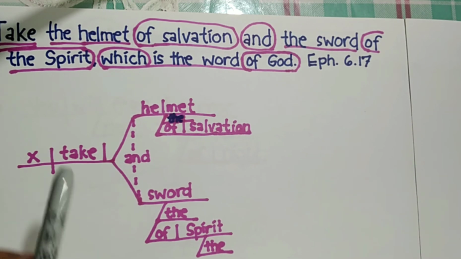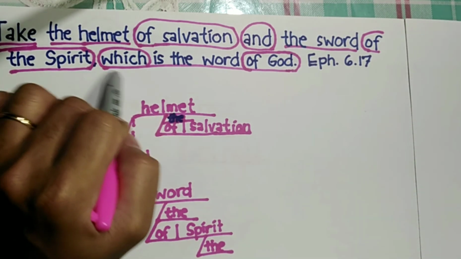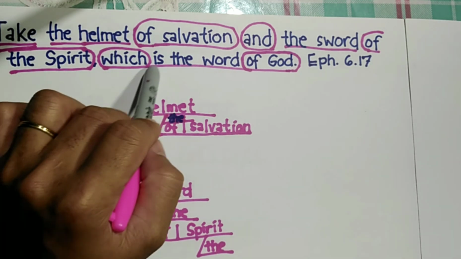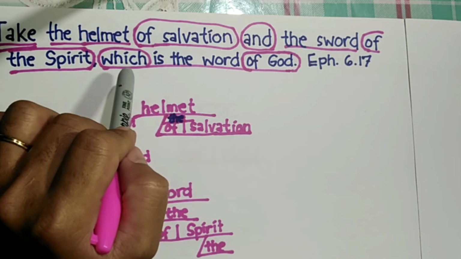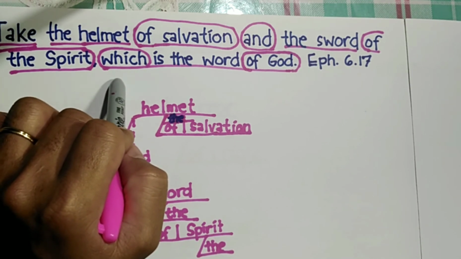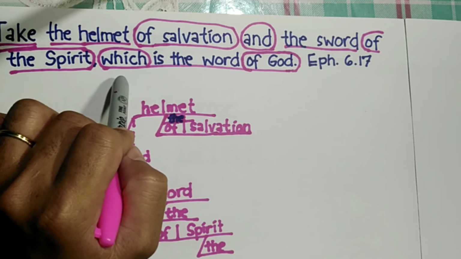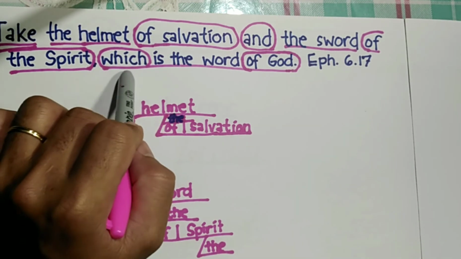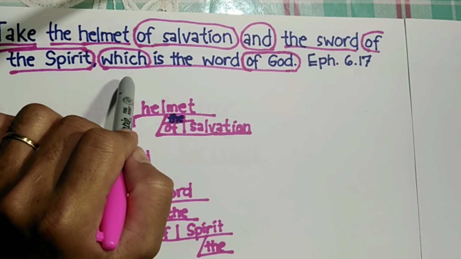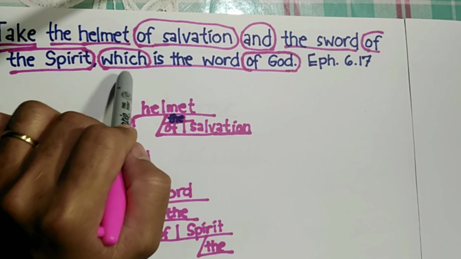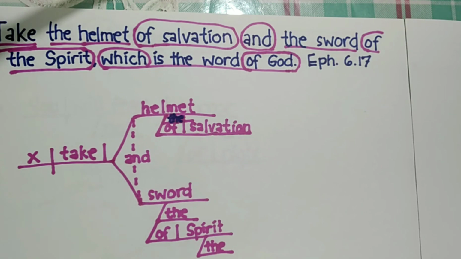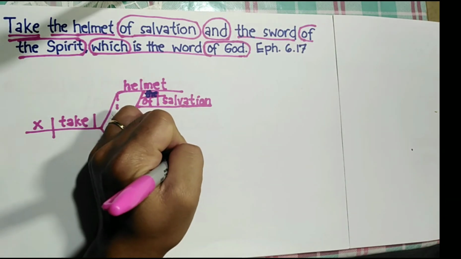Let's first identify what this which refers to. The which here describes what? Since it's a relative pronoun, it must point to the noun. And the noun for this one is the sword. Okay. So put it like this.